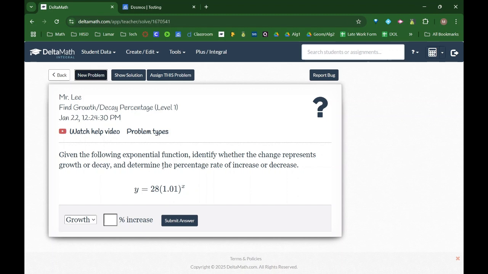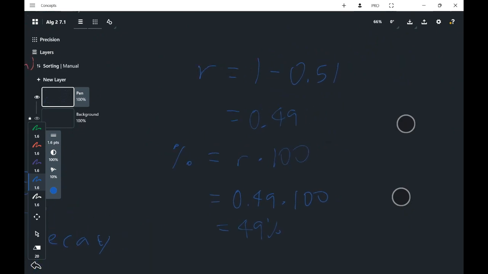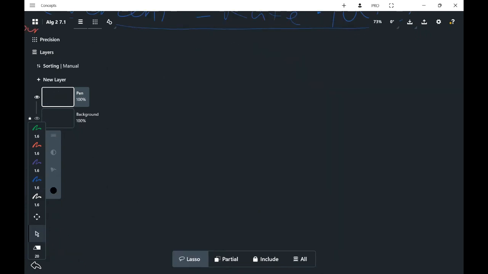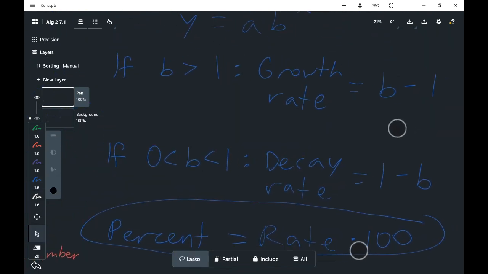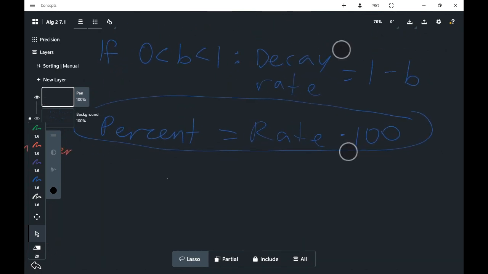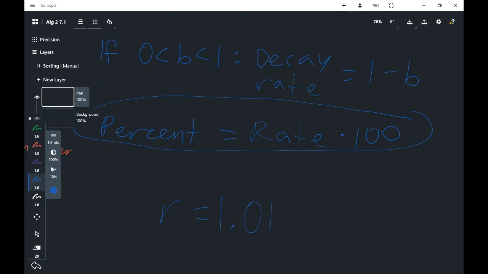We're looking for the percentage rate of increase or decrease. In this case, 1.01 is greater than 1, so we should expect this to be growth. Our problem is slightly different because we have growth, but not too different. When we have growth, if we're looking for the rate, we want to do b minus 1. You can think about it this way: if the base inside the parentheses is bigger than 1, we subtract 1.